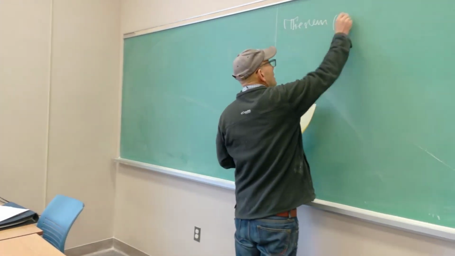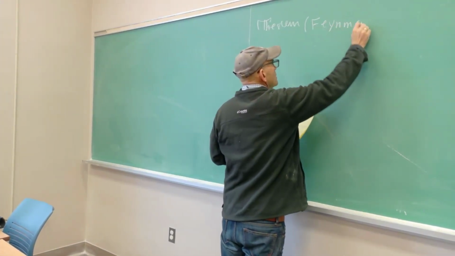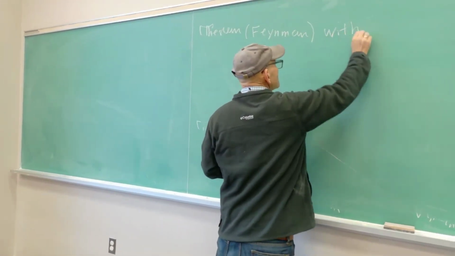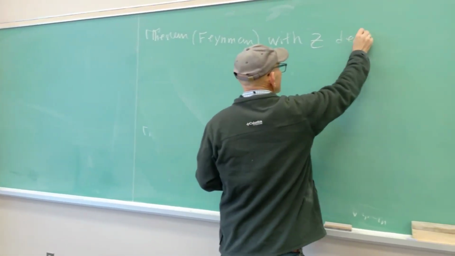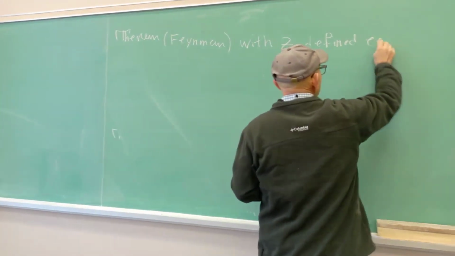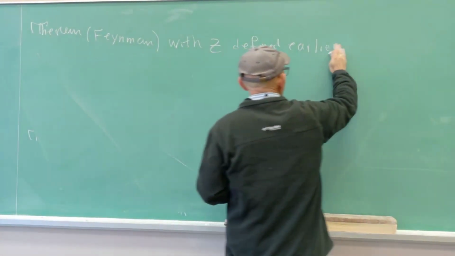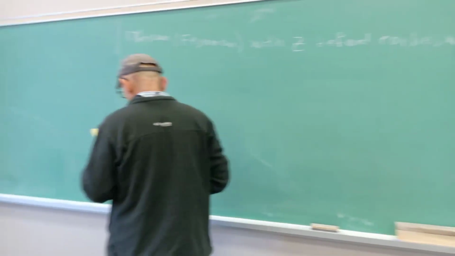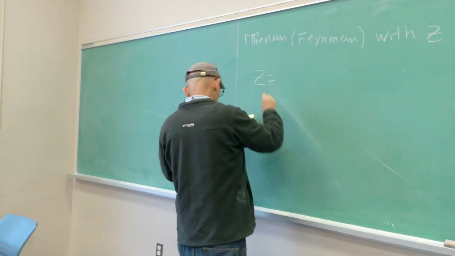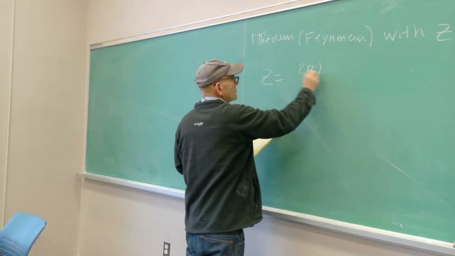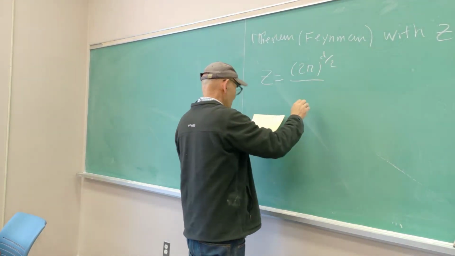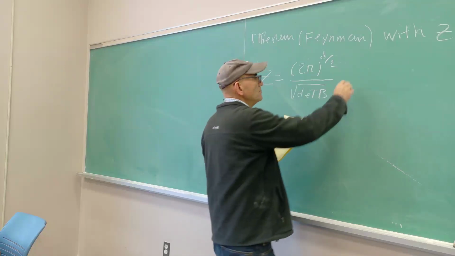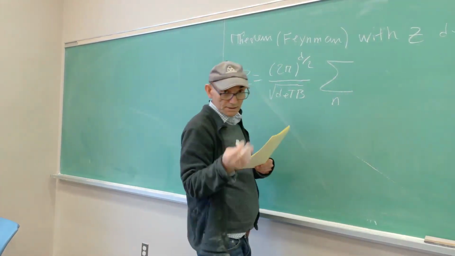So the theorem is attributed to Feynman. It says that, with Z defined earlier, Z is equal to (2 pi) to the power of half the dimension, divided by the square root of the determinant of B, times the sum over all indices n.